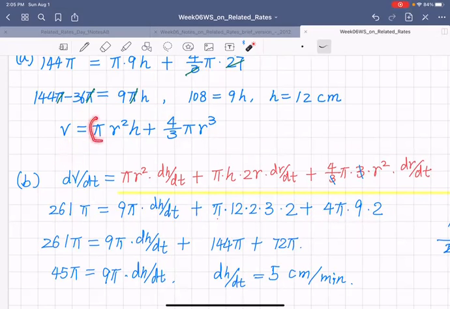This term is easy to take care of, it only has r. This term, you have to apply the product rule. I'm going to erase this and we can do it together.